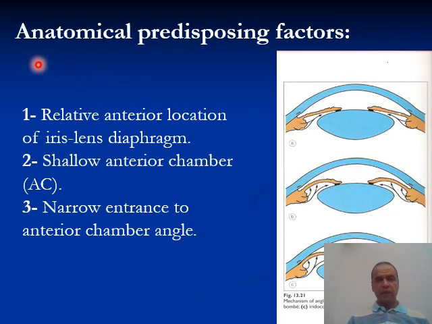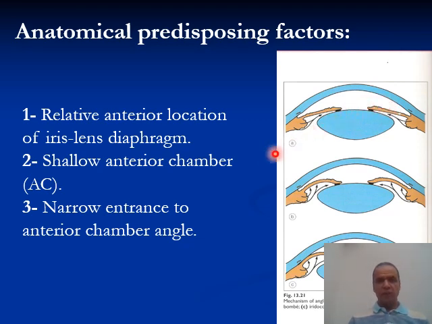There are 3 anatomical predisposing factors for development of primary angle closure glaucoma, which are relative anterior location of the iris lens diaphragm, shallowing of the anterior chamber, and narrowing of the entrance to the angle of the anterior chamber.